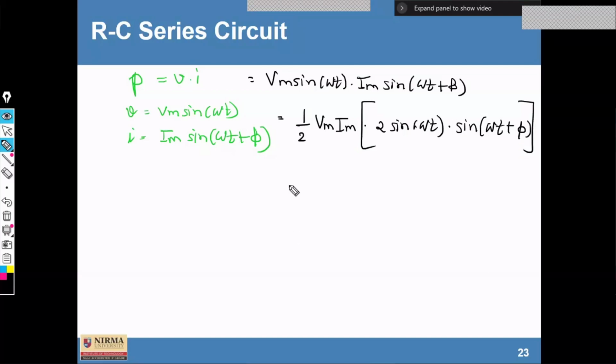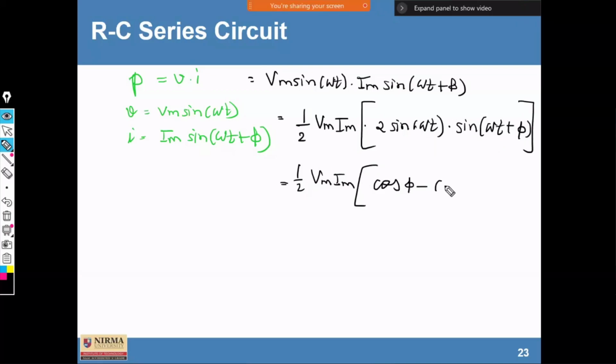So we can write the equation as 1/2 Vm Im, and then cos of omega t minus omega t plus phi. Here the omega t terms will cancel, so phi will be here. Then minus cos of omega t plus omega t plus phi, so it will be 2 omega t plus phi.